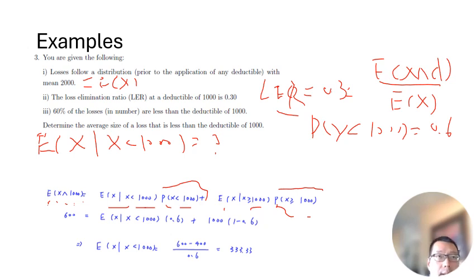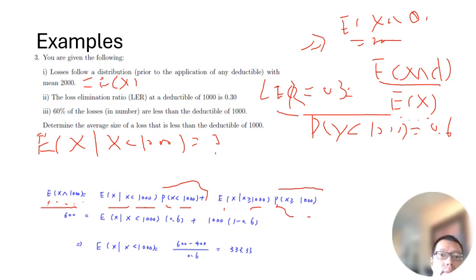Expected value of X. From here we first need to find the expected value of X capped at 1000, which can be deduced from this part. LER is 0.3 and E[X] is 2000. So this tells us the expected value of X capped at 1000 is equal to 2000 times 0.3, so it's 600.